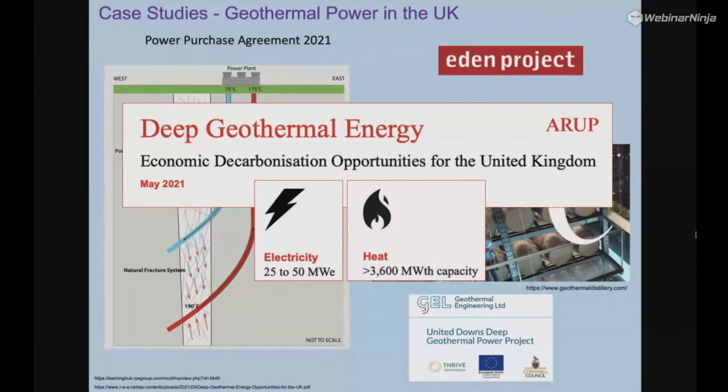The report said up to 50 megawatts of electricity could be generated through geothermal in the UK, but really significantly over 3,600 megawatts of thermal energy can be generated in the UK. And I want to see government incentives pushing this, not just for the UK, but on a global scale, the geothermal potential for supplying renewable heat is absolutely massive.